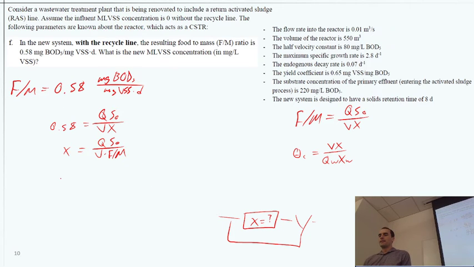Okay, so then we can say X is going to be equal to, we know our flow rate, 0.01 cubic meters per second. Probably going to need that in days, or to convert the food to mass ratio into days. Multiply this by our incoming substrate concentration, which was given here as 220 milligrams per liter.